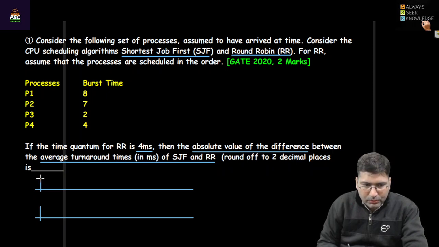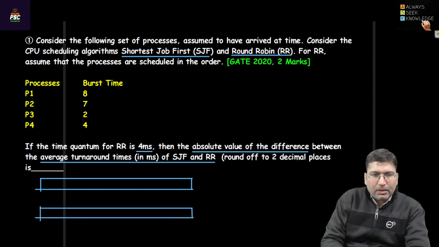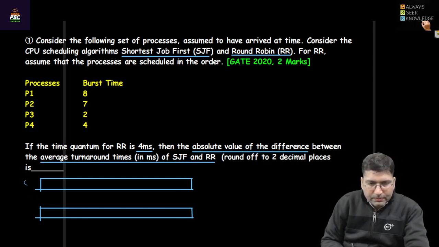So both will have a length equal to 21 only. So I consider this the length equal to 21. Here also I consider the same. So this I am assuming as SJF and this is for round robin.